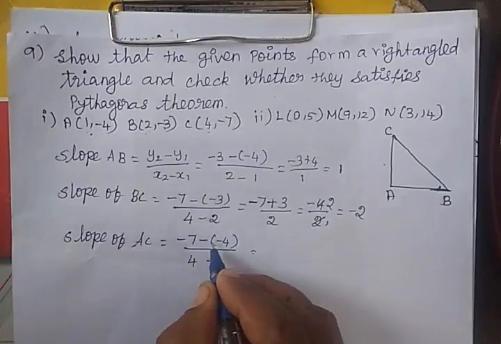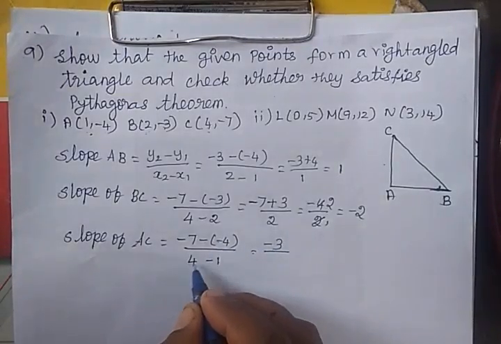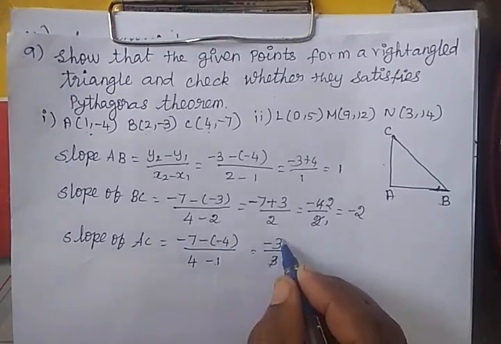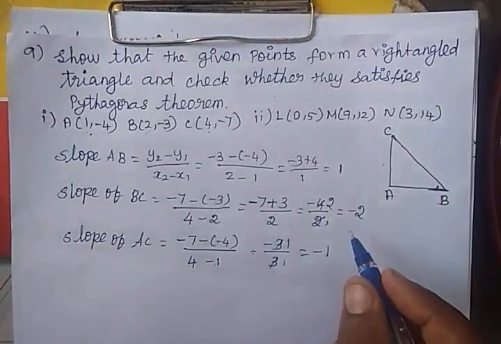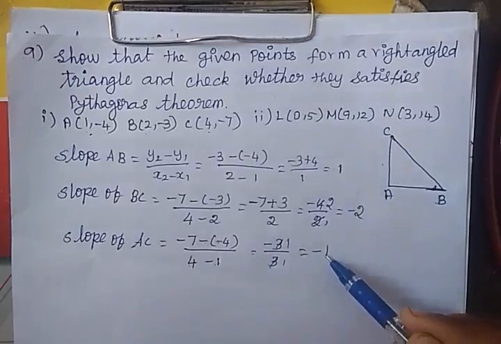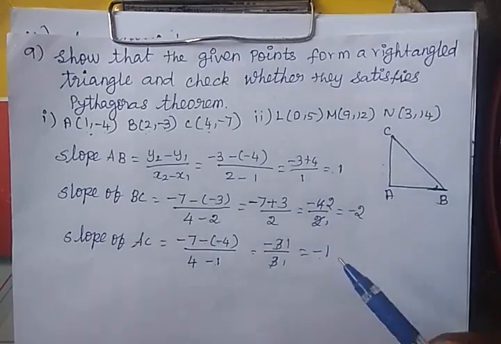So -7, minus into minus is plus 4, so that is -3 over 4 - 1 which is 3. Simplify the fraction, that is equal to -1. So from the slopes, we know that the slope of AB is perpendicular to the slope of AC. So the line AB is perpendicular to the line AC.